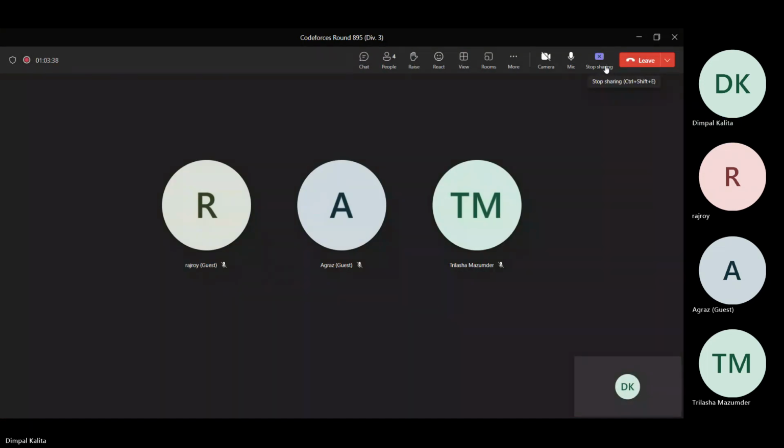Hello? I'm not able to open CF. You open the question, I'll explain from there, and then show the code from this one. Okay, open the problem.